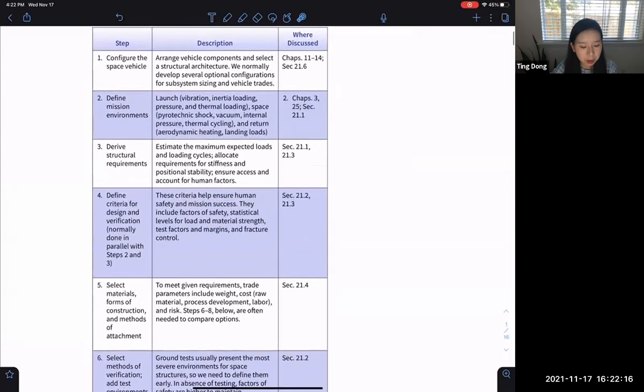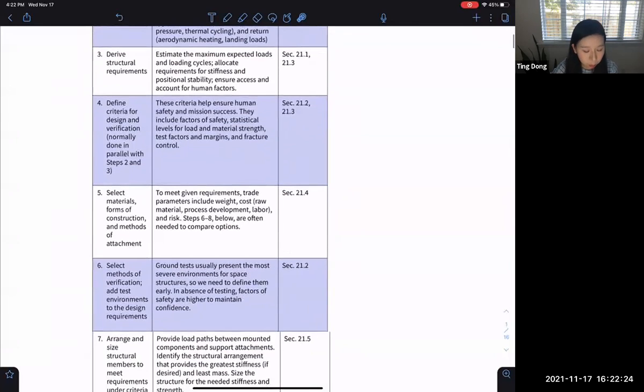So if we know the configuration, the requirements, and our mission environment, then we can use them as guidance to select the material, what material we should use for a given load and environment, and what the construction method should be.